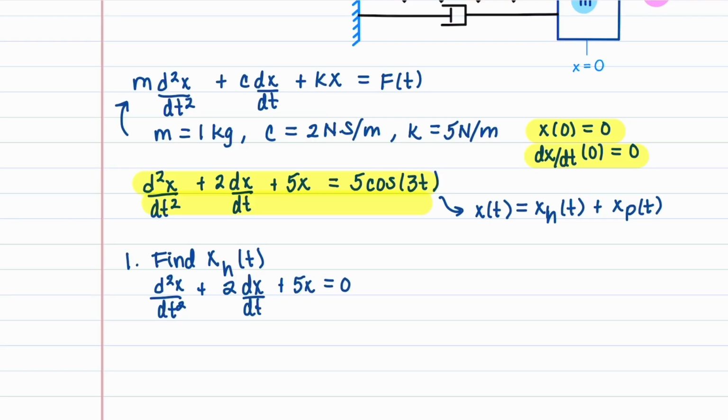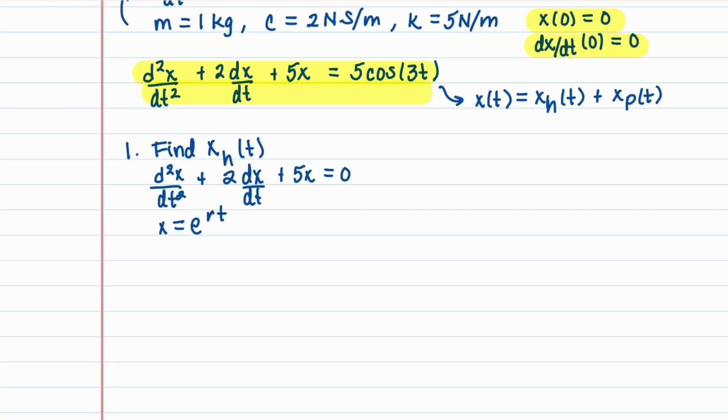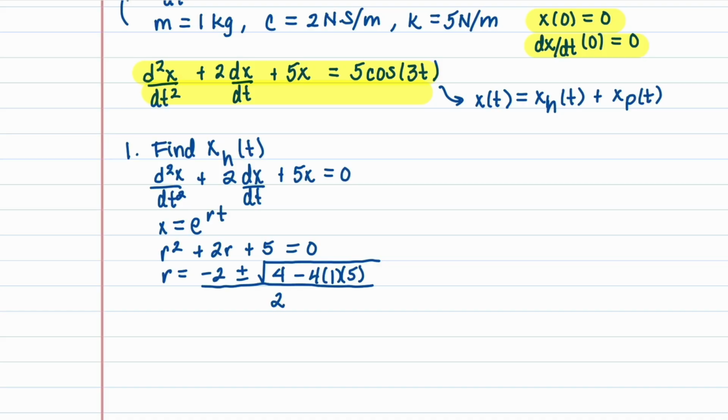The general form of the solution to this equation is x equals e to the rt. This gives us the characteristic equation r squared plus 2r plus 5 equals 0. We can find r using the quadratic formula: r is equal to negative b, so minus 2, plus or minus the square root of b squared, that's 4, minus 4 times 1 times 5, all divided by 2.